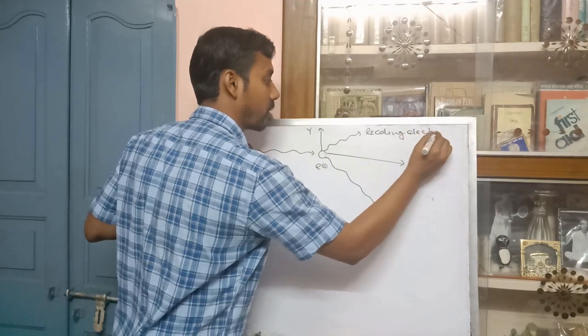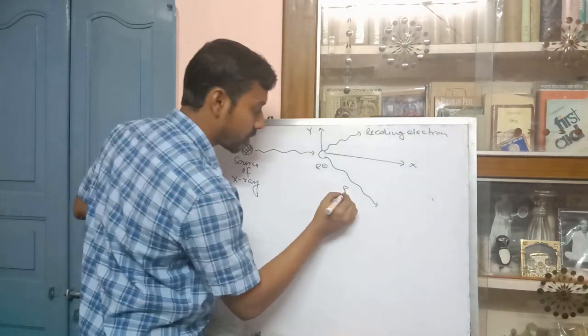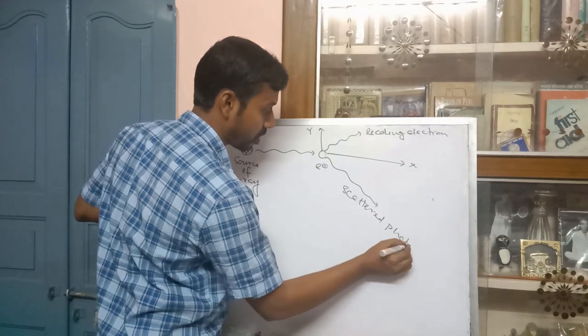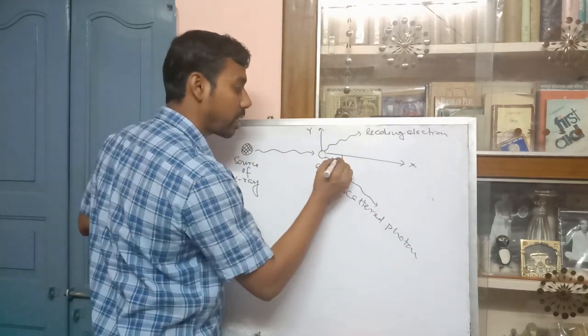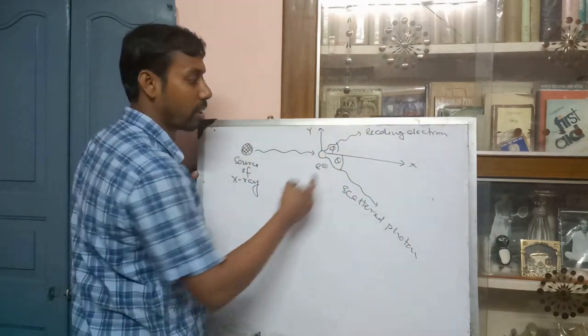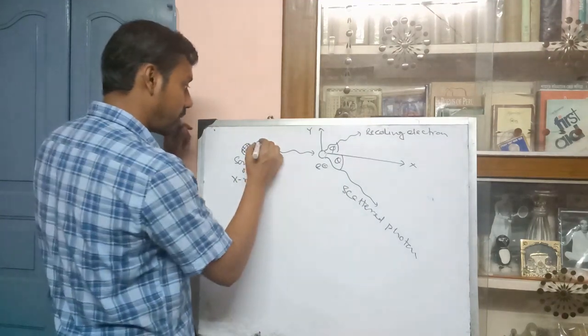Recoiling electron, and this is your scattered photon, which is making an angle theta with this X direction, and the electron is making an angle phi with this X direction. This is your X-ray.